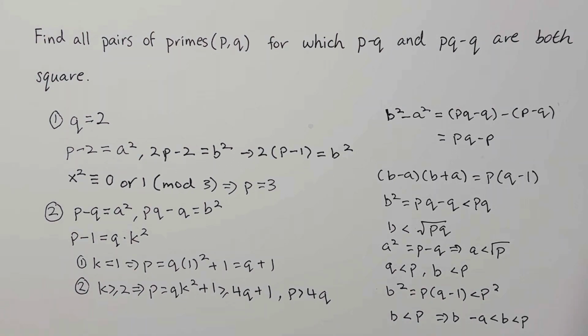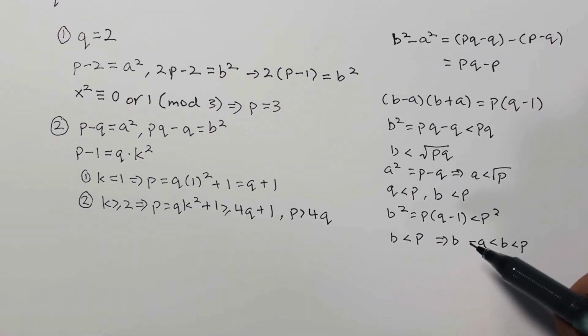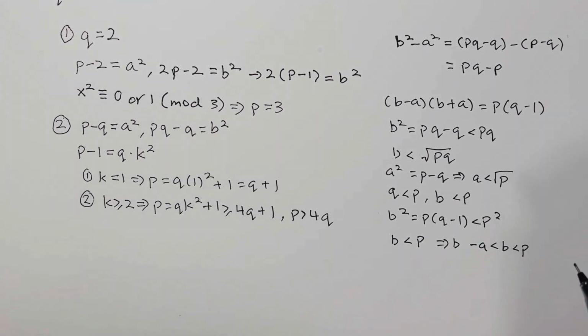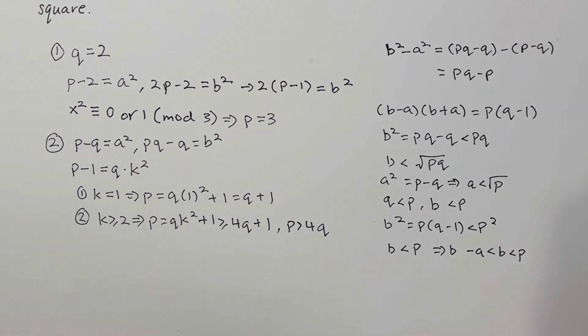Wait, catch that? b minus a is strictly smaller than p. So p cannot divide b minus a, because a number cannot divide a smaller positive number. So from this we get that p must divide b plus a.